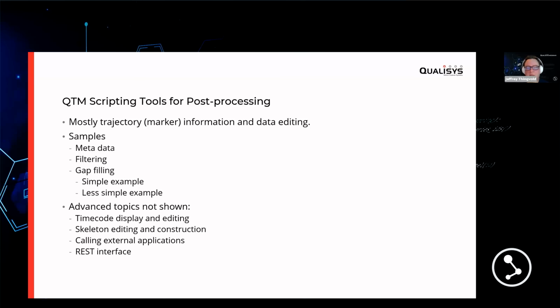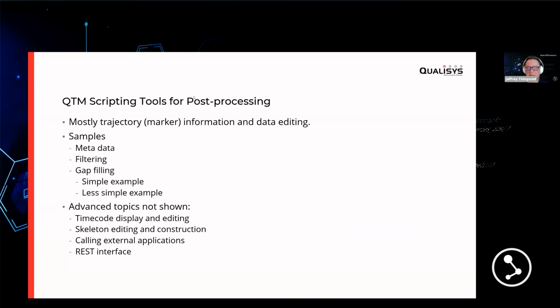So for these examples, the first one I'll start off with is basically the marker set menu, which really revolves around the metadata information, the names of the markers, doing something with the names of them, looking at them and managing it in some way. So it's kind of the metadata information for the marker set.